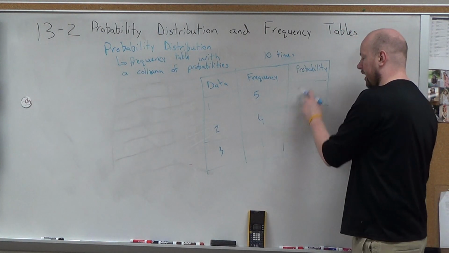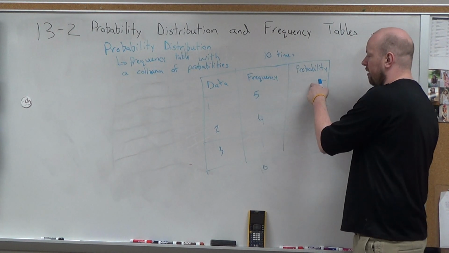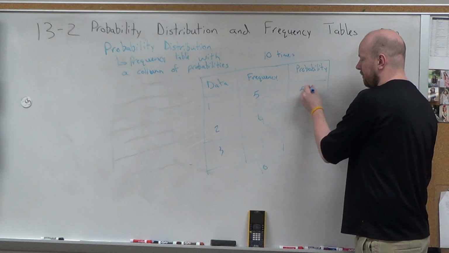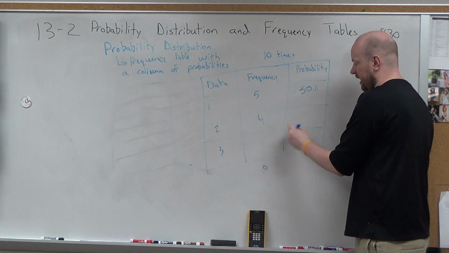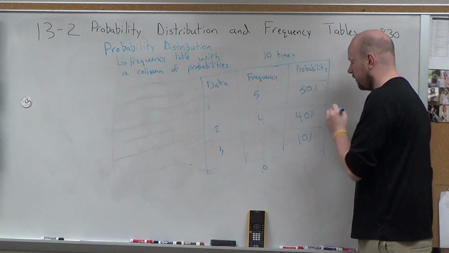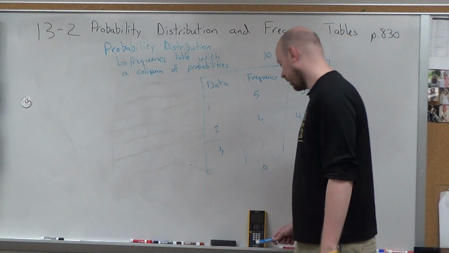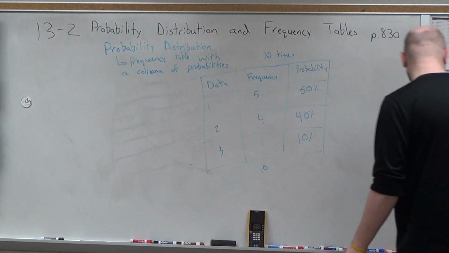Well, my probability, I would still need to find my total. 5 plus 4 plus 1 would be 10. So my probability would be 5 over 10, or 50%. 4 over 10, so 40%. And 1 over 10, or 10%. So the probability distribution would just be tacking on that third column.